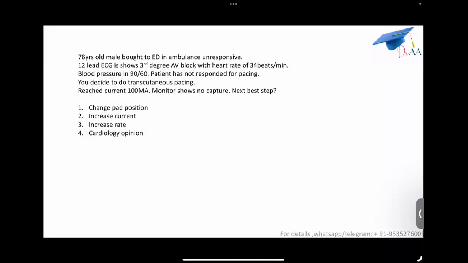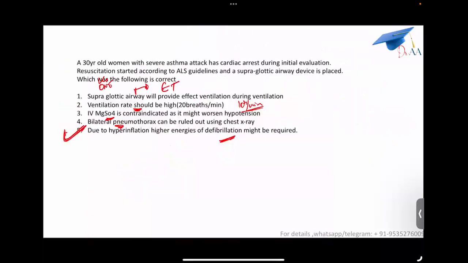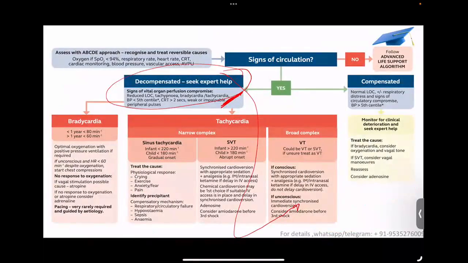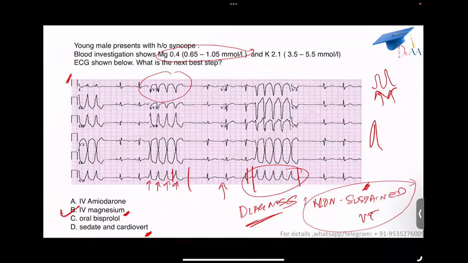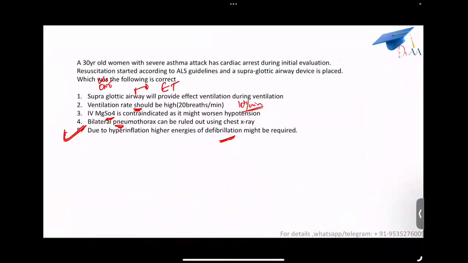We are following the ALS algorithm here, and it was the pediatric ALS algorithm we are looking at. So in pediatrics, any broad complex tachycardia, any VT, polymorphic or non-polymorphic, we give a synchronized shock. This is taken from the Resuscitation Council UK guidelines. So you need to follow the UK guidelines. Don't follow AHA, don't follow American guidelines. Okay, thank you.